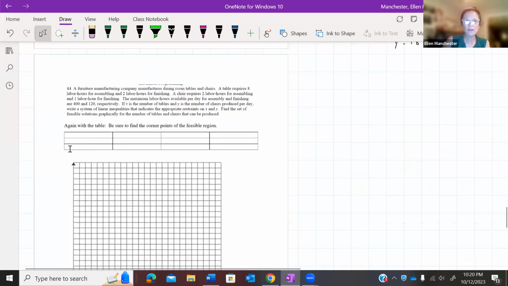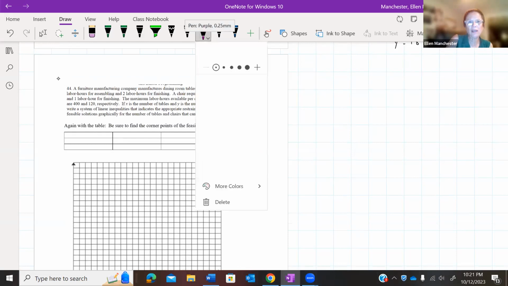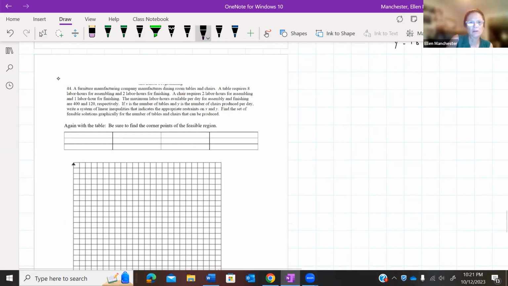Okay, so this last one, I'm just going to set the table up and then we're going into my math lab. Okay, so we have tables and chairs. So this is what we are looking at. Now, how do I know what goes across the top? What goes across the top is what I'm looking for. What's the unknown?